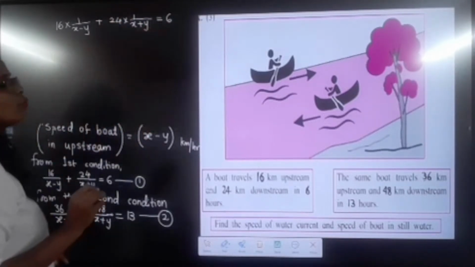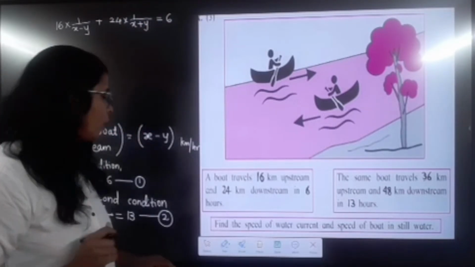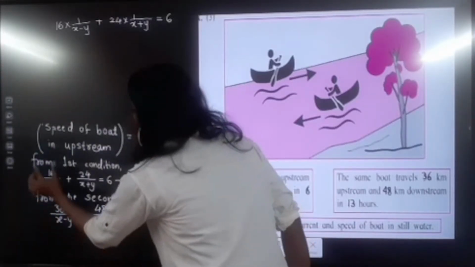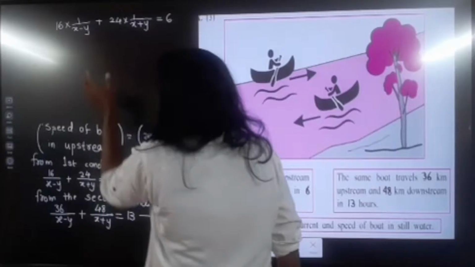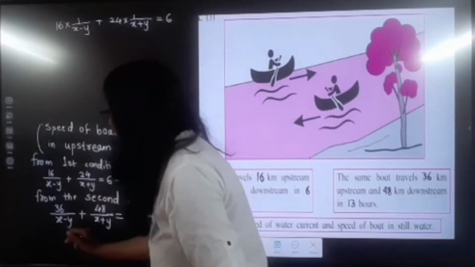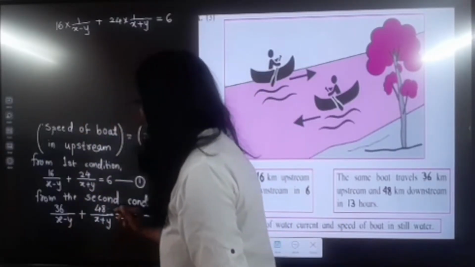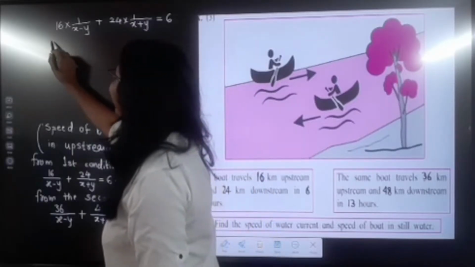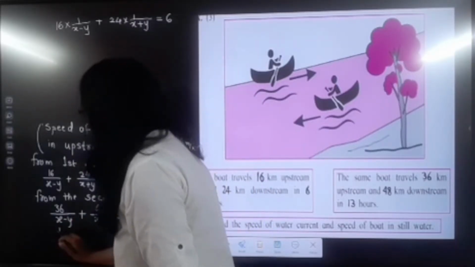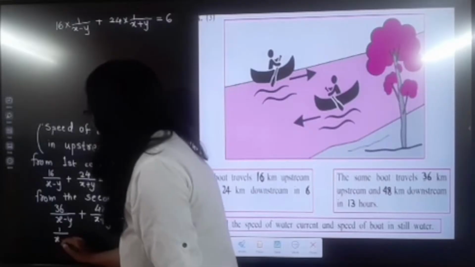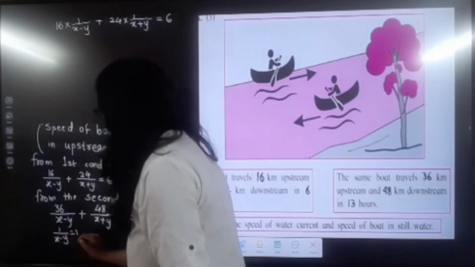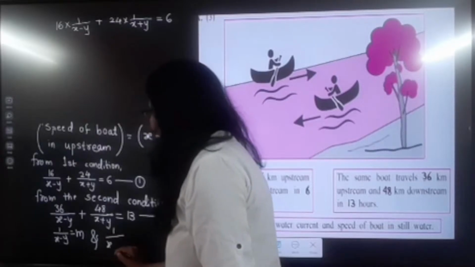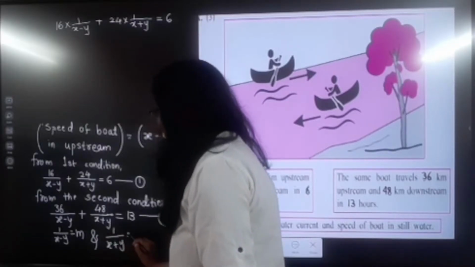Here we can consider 1 upon x minus y is equal to m, and, students, 1 upon x plus y is equal to n.